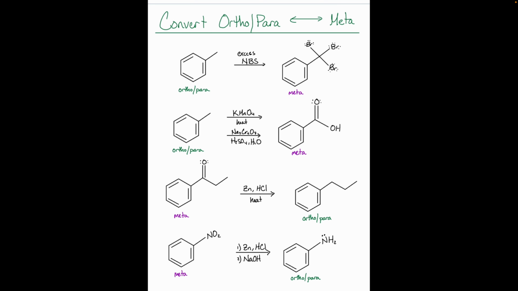All right, so these are not electrophilic aromatic substitution reactions. We're not adding anything new onto the ring here or substituting a hydrogen for anything new, but we are converting what's already on the ring from being an ortho-para director to a meta-director or vice versa. So they're going to come into play in this whole combining of our EAS reactions. All right, so let's do some examples here.